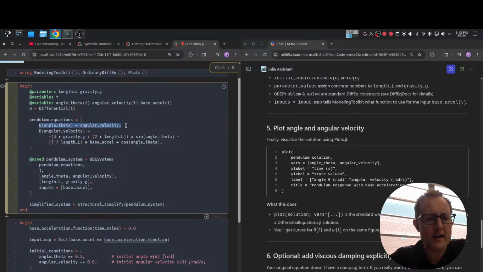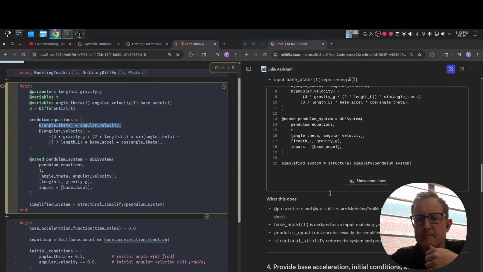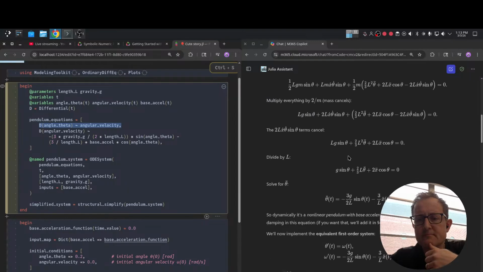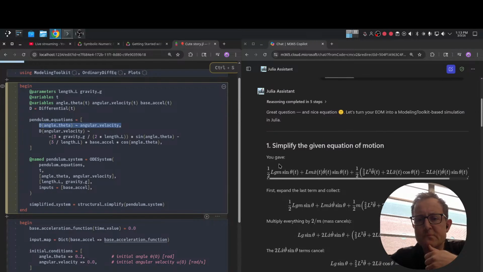So we've got pendulum equations. It looks... oh, it's simplifying this equation.